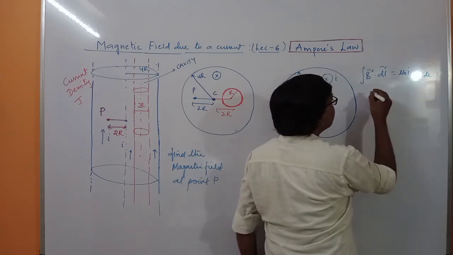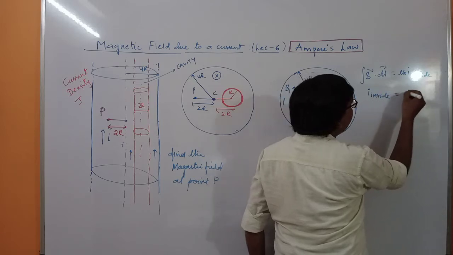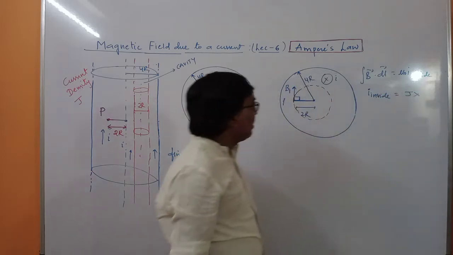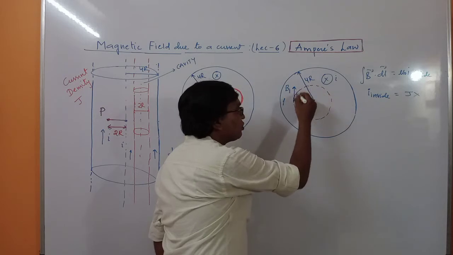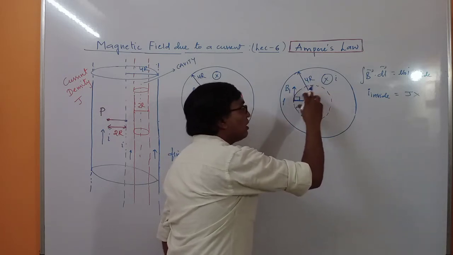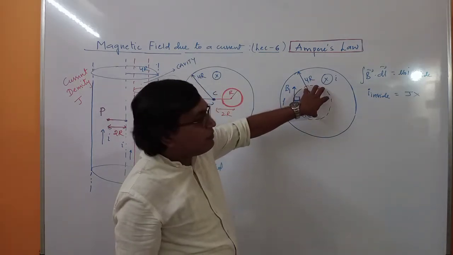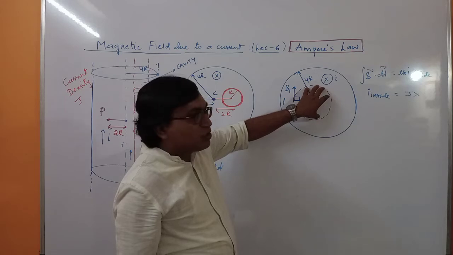Now we find I inside. I inside will be equal to current density J into the area of this loop, the current which is flowing through the Ampere's loop. It will be for radius 2r.